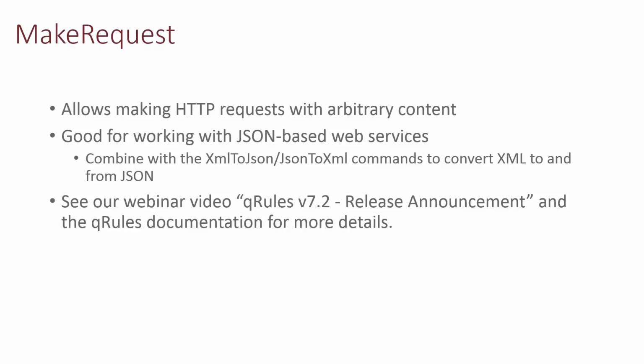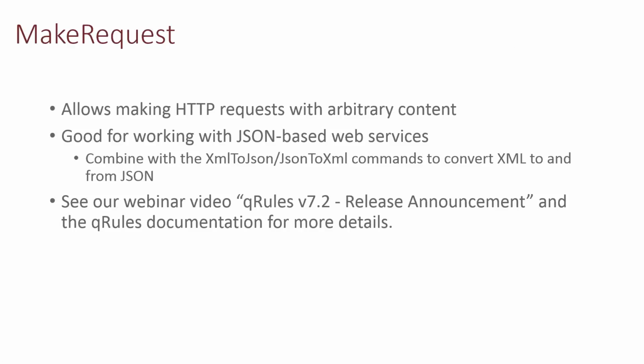querying SOAP web services. In InfoPath 2010, there was new functionality for querying data from REST services using a GET command. But all of those had to be basically XML-based web services.